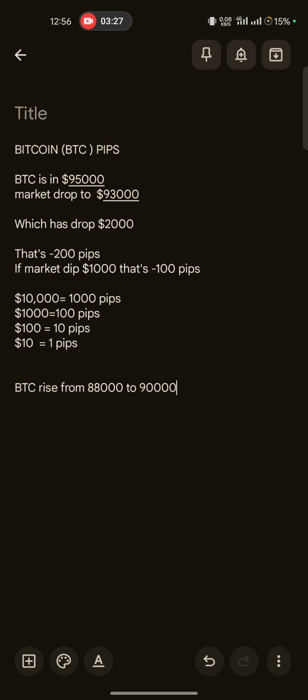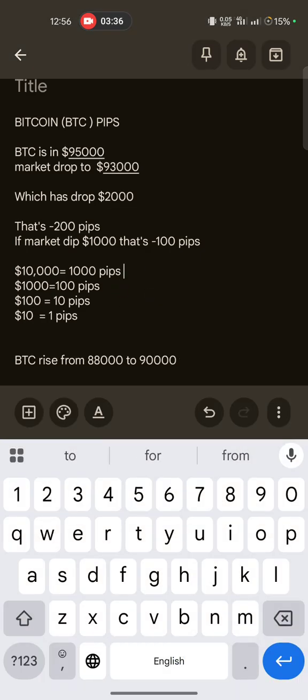So let us assume the market starts from 90,000 and goes to 100,000. That means the market pumped 10,000.